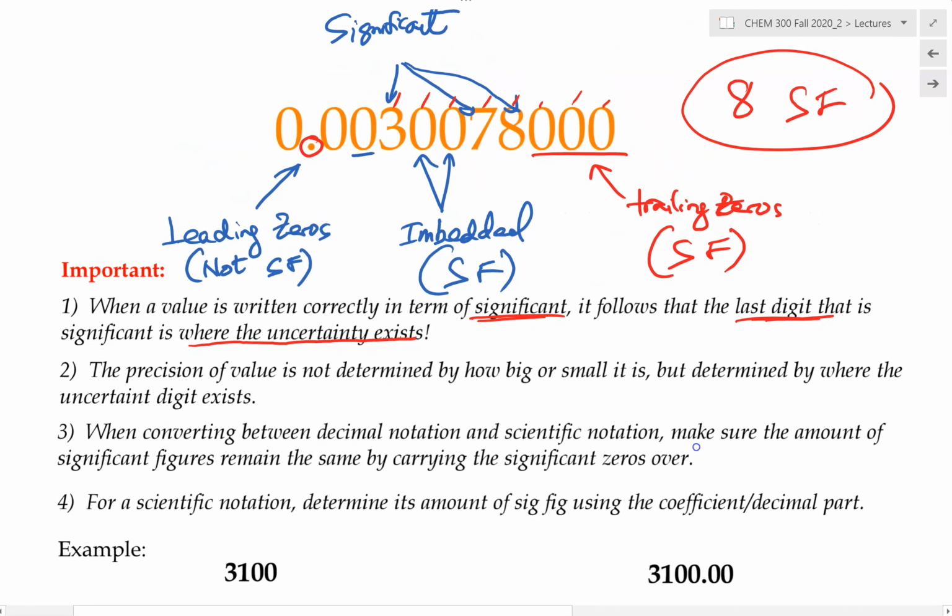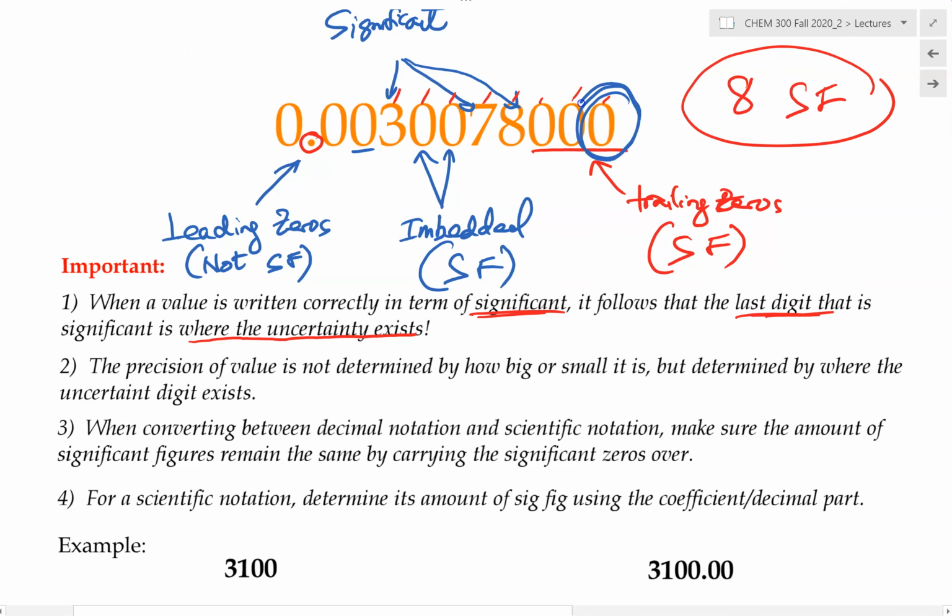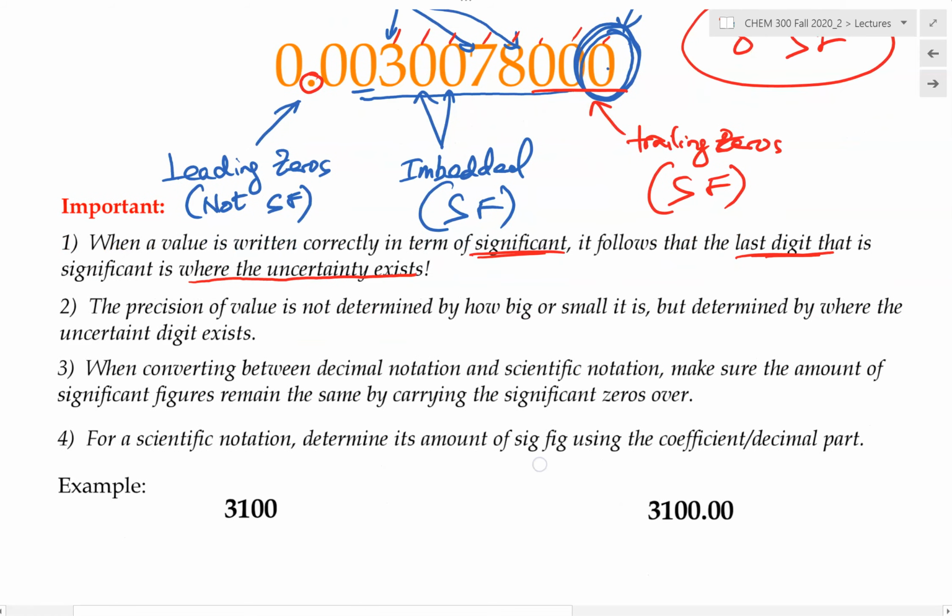So in this value right here, the last significant digit will be this 0. So this is where the uncertainty exists, meaning all of the digits before this are accurate, and this is the inaccurate value right there. And we'll go over some of those examples in a little bit.